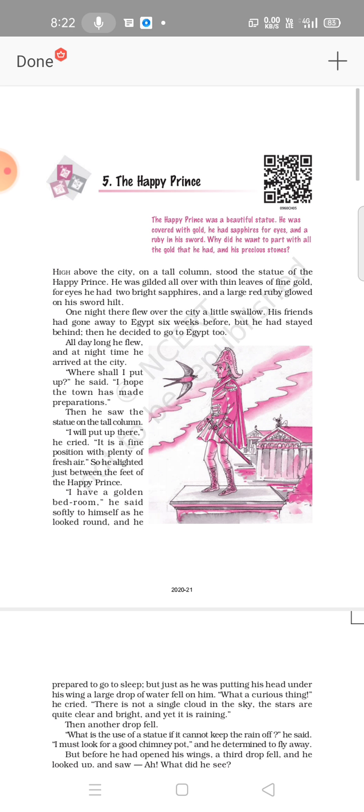His courtiers called him a happy prince. Now he sat very high. He saw the miseries of the city. That is why he is weeping.